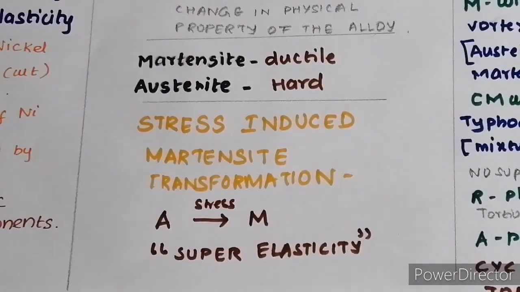Usually when we stress, slip occurs, but here in nickel titanium, slip does not occur, that is slip plane does not occur. The total atomic movement between adjacent planes of atom is less than a full interatomic distance, and this is the reason why our nickel titanium alloy shows the superelastic property.